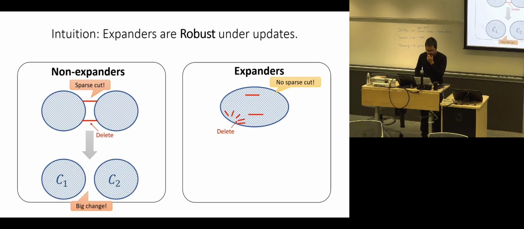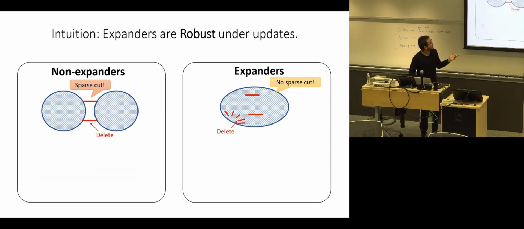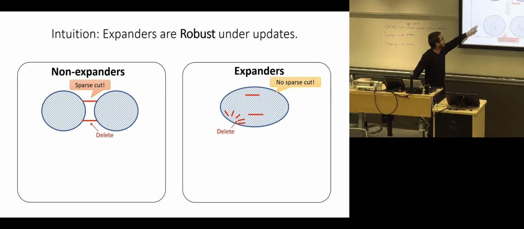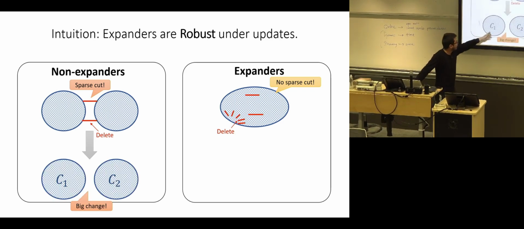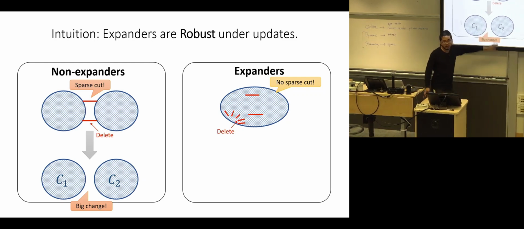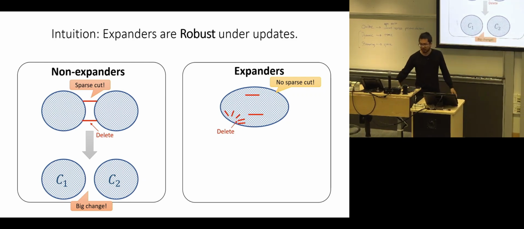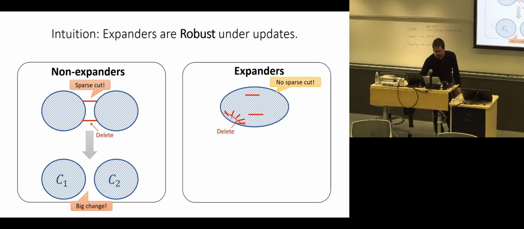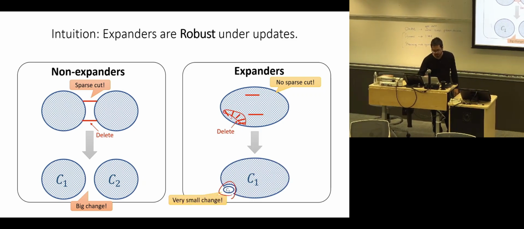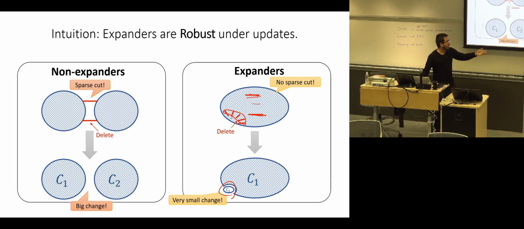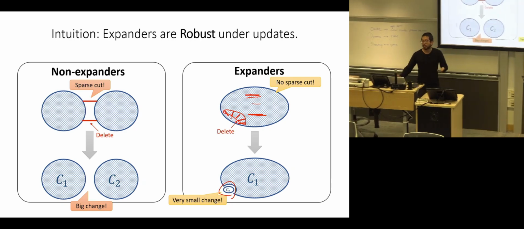You know that expanders are robust under updates, in the sense that if it's not an expander, then when you delete a bit, you get a big change. If it's an expander, if you delete around here, you can only disconnect things around here. If you delete something else, it doesn't even disconnect. So basically, a small number of updates implies a small change. That's how expanders are.